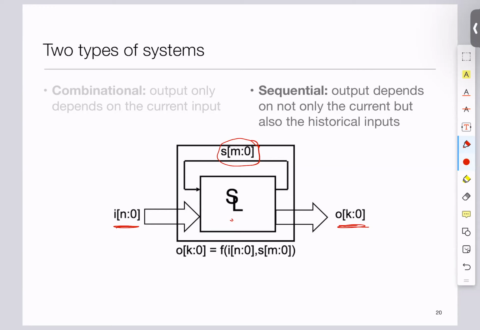And I want the output to be 1 whenever the number of red cars that I have seen is odd. Weird system, but bear with me. So whenever the number of red cars I have seen thus far is odd, the output is 1. And if it is even, it's 0.